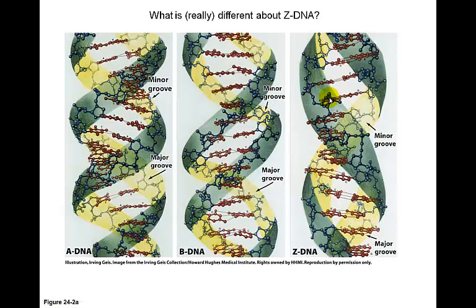So the Z stands for zigzag, and zigzags are often found in DNA sequences that have a high predominance of alternating purines and pyrimidines. For instance, GC, GC, GC, AT, AT, GC, GC. They may give you a left-handed structure, a Z DNA that is being flanked by 2 B DNA regions.